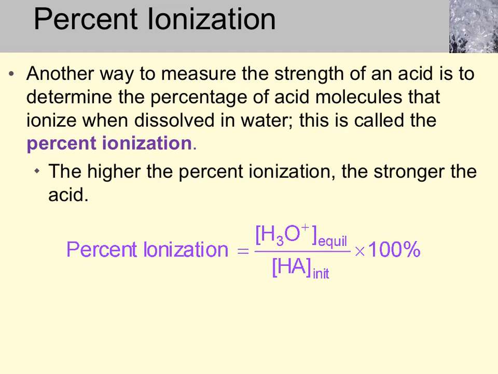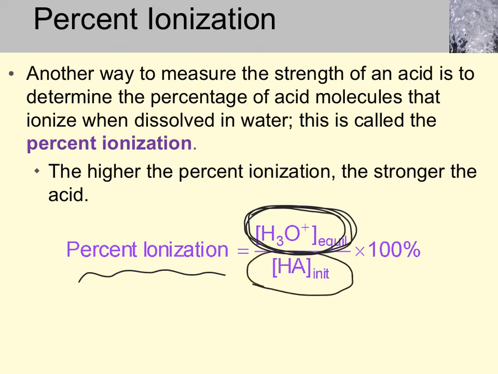Another important formula you will need, and you should probably start listing formulas someplace. There are quite a few of them between pH, pOH, concentration of hydroxide, concentration of hydronium, percent ionization, etc. So the formula for percent ionization is the concentration of ion that's formed at equilibrium over the initial concentration of the intact acid, times 100.